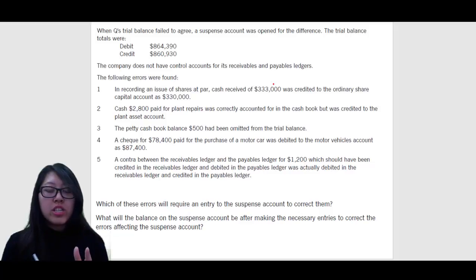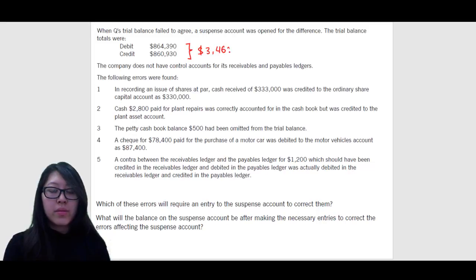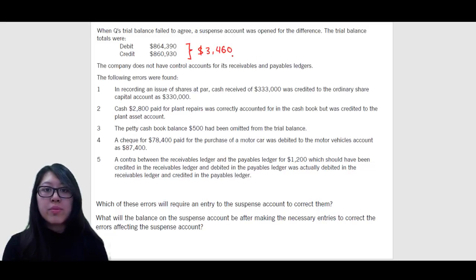If you calculate the difference, it will be 3,460. And this balance is going to be the opening balance in our suspense account. And remember, we use a suspense account on the side that is smaller. So in here, the smaller side is the credit. So it will be a credit of 3,460 as the opening balance on the suspense account.